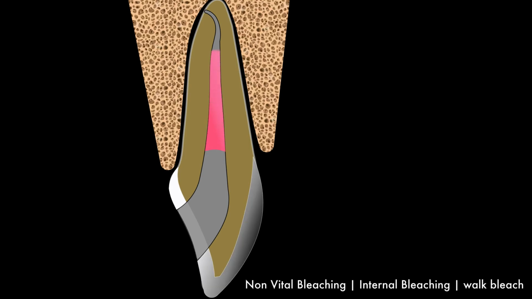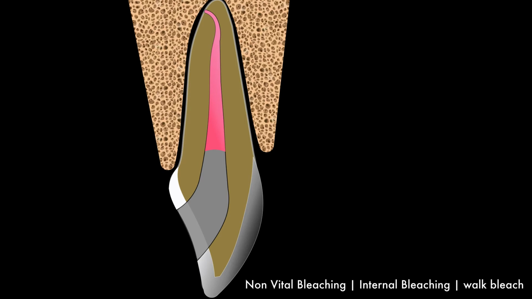After that, we pack with a well-condensed root canal filling, and we obturate at least 3 to 4 millimeters below the cemento-enamel junction. Most of the techniques utilize hydrogen peroxide or sodium perborate, either together or independently.